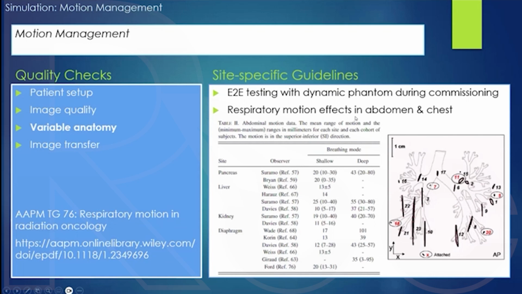So respiratory motion effects really need to be accounted for in abdominal and chest SBRT. Below are some examples from the AAPM Task Group Report 76 on respiratory motion and radiation oncology that gives the magnitude of motion in the abdomen and in the chest for different organs, and also within different organs, and here for lung, showing that there is greater motion near the diaphragm than up top near the apex.